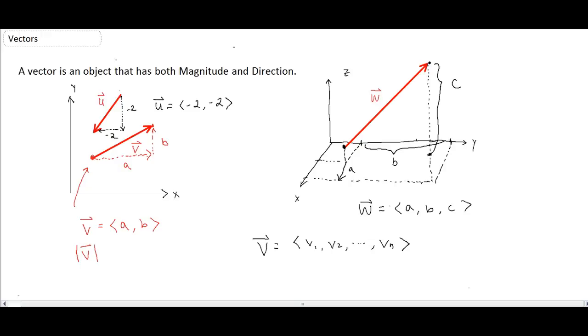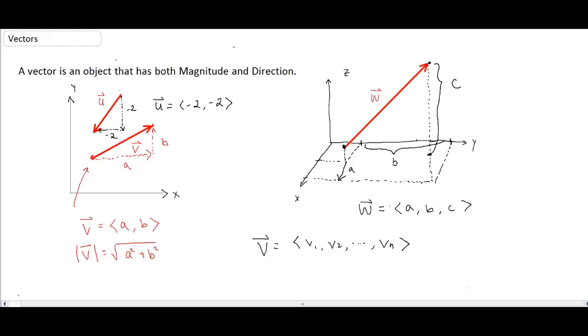Once we have the components, since this is basically a right triangle, you can compute the magnitude of that vector by applying the Pythagorean theorem. So you can see that the magnitude of a vector using components can be computed easily, and you can do the same thing for any dimensional vector.